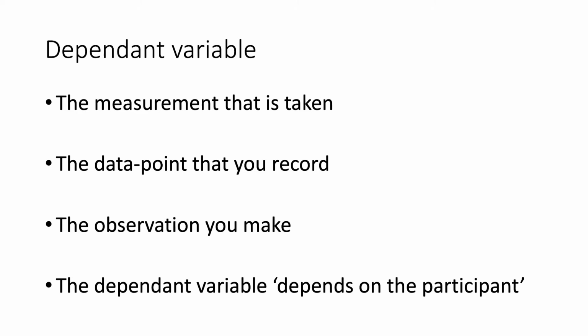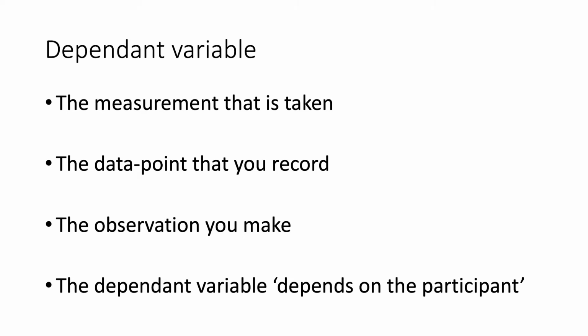Again, it's important to be aware of the concept of dependent variables. These are the measurements that you're going to be taking in a particular experiment. The dependent variable differs from what we refer to as independent variables, which are the different conditions in a particular experiment. The dependent variable is really just the data point that you're going to record.